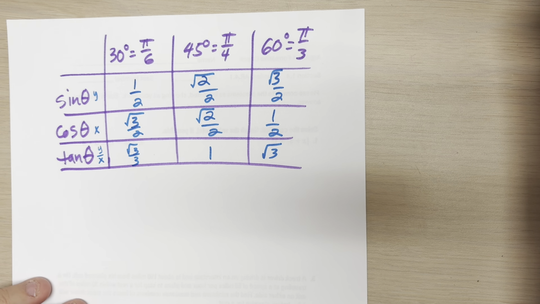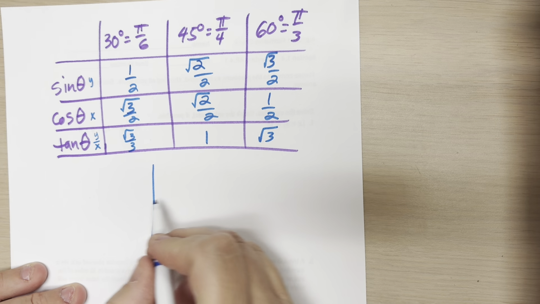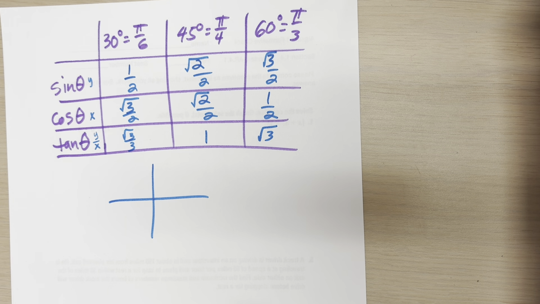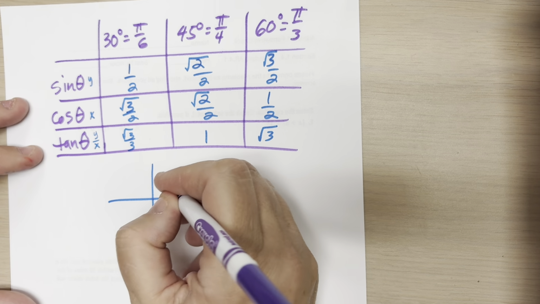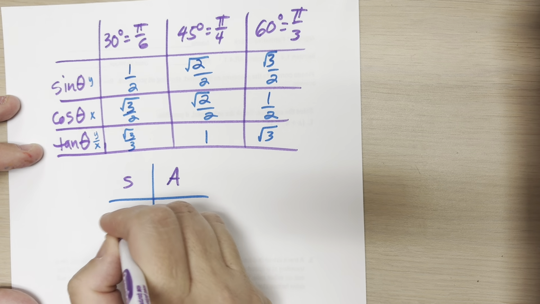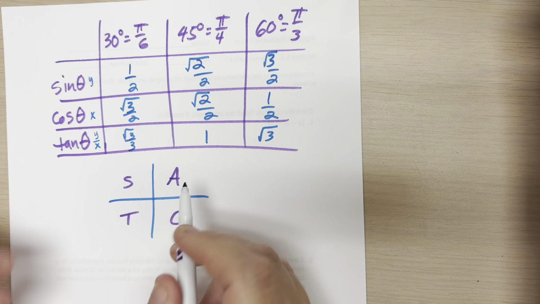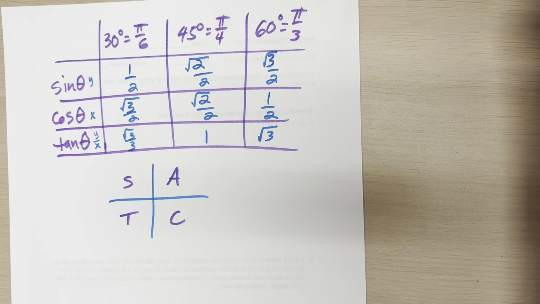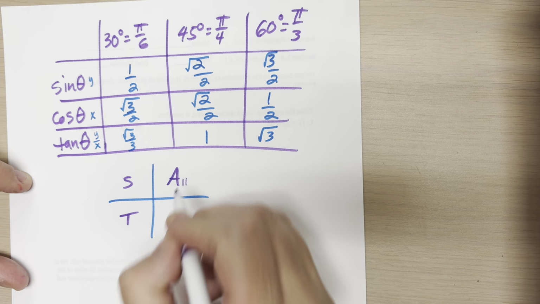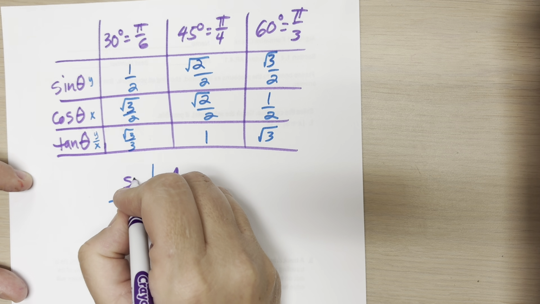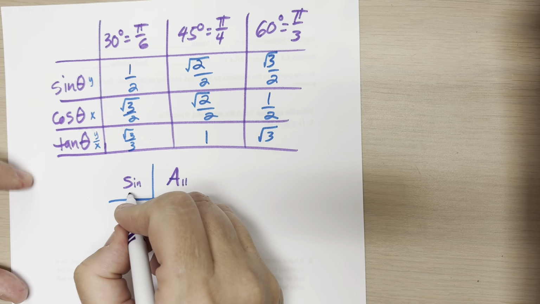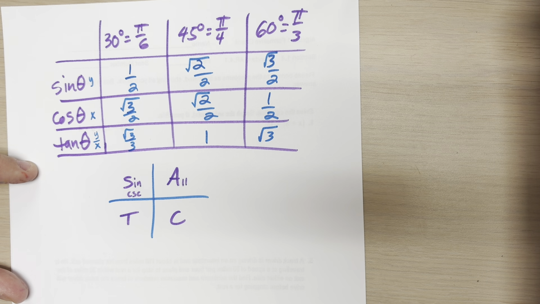I also want to show you another little thing that will help with the signs, positive and negative, of all of the trig relationships. A nice little moniker is: all students take calculus. These letters will help you know where things are positive. All things are positive in the first quadrant. Over here, sine is positive, and so is its reciprocal, cosecant.